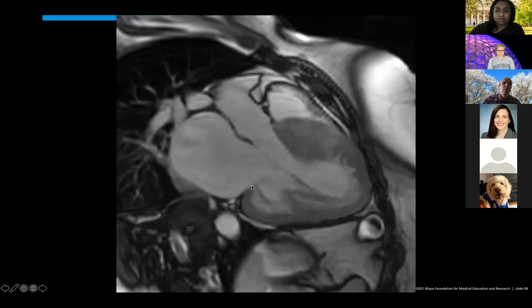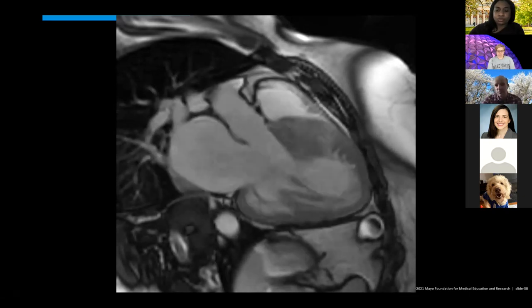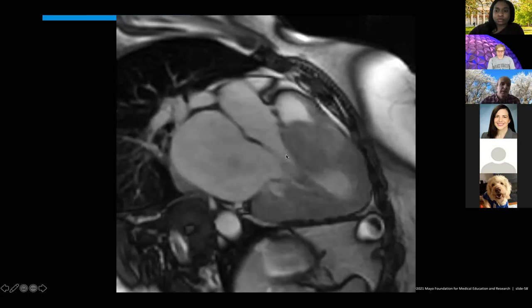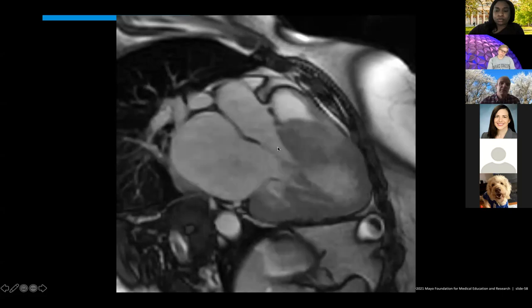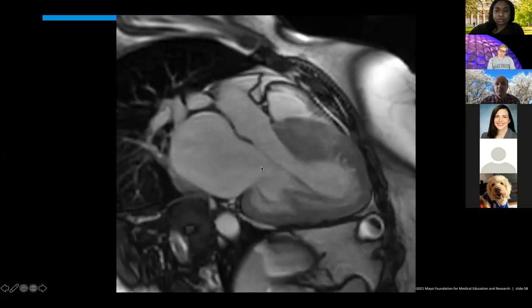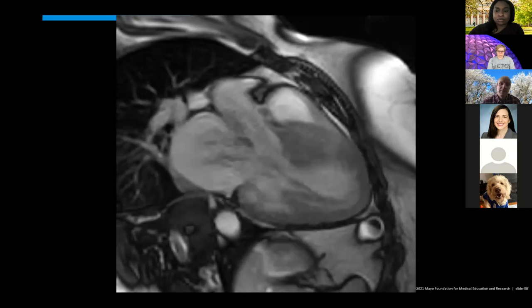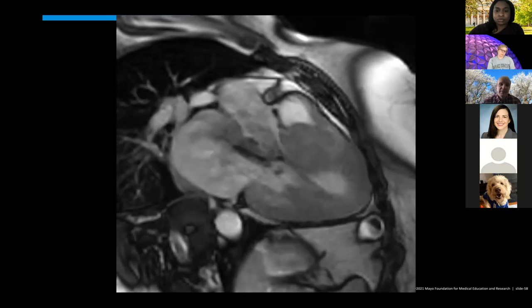And so, questions that might arise related to this would be the diagnosis of hypertrophic cardiomyopathy. But I think other questions that they would ask would be related to the presence of left ventricular outflow tract obstruction. And then in this case, the patient has mitral regurgitation. So you see that black jet during systole going from the mitral valve leaflets into the left atrium. That's mitral regurgitation.